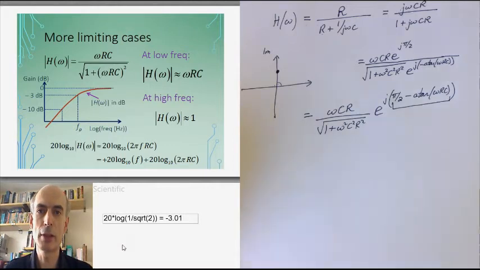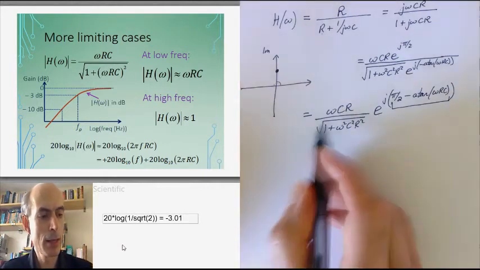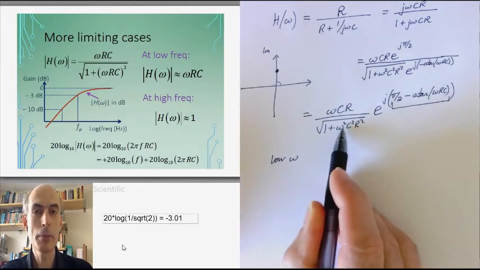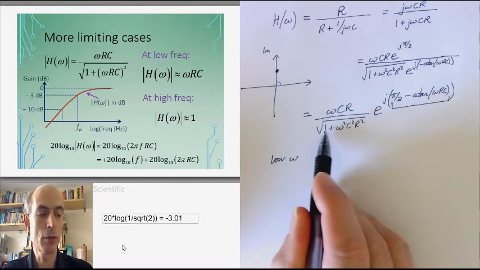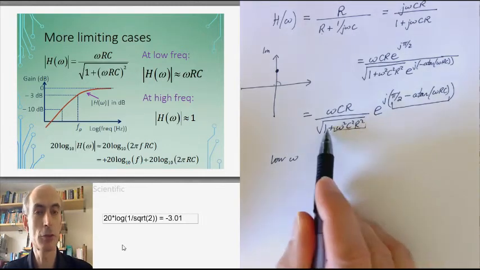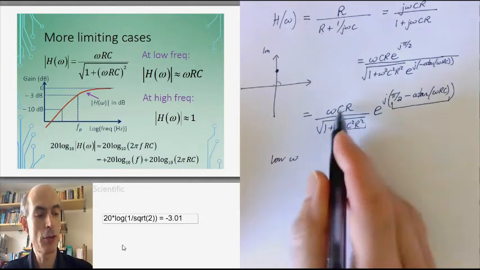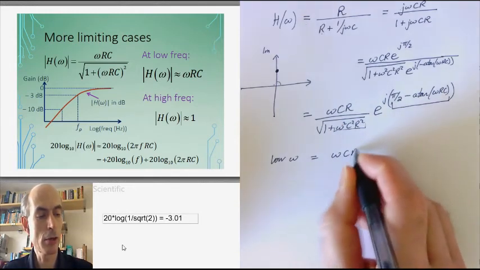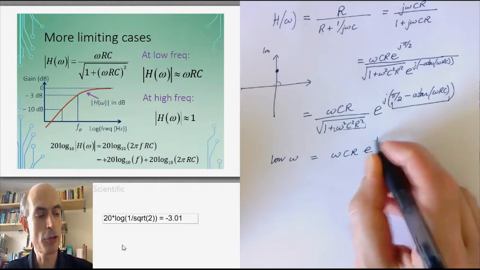Let's look at some limiting cases for this one. At very low frequencies, omega is much, much smaller than 1, so we can neglect this term with respect to the 1. You just end up with omega CR times e to the power of j.